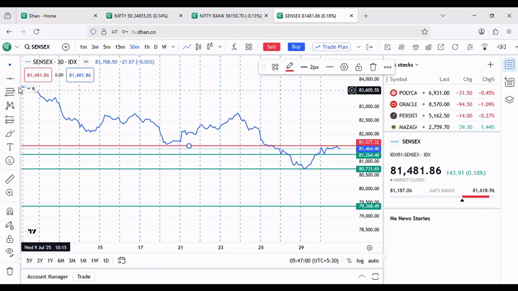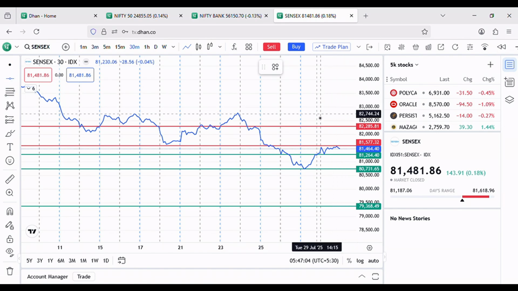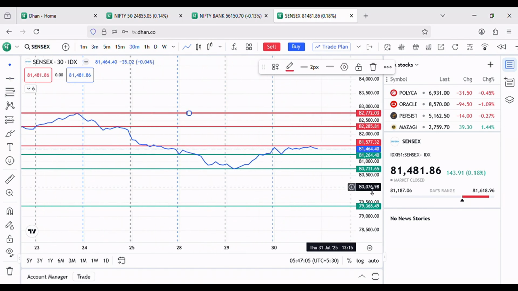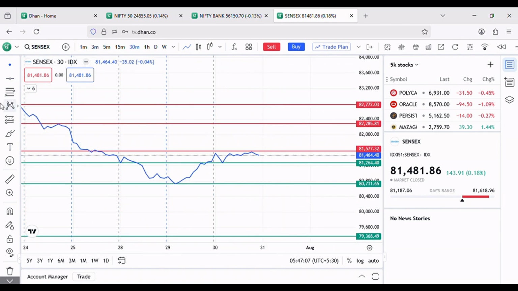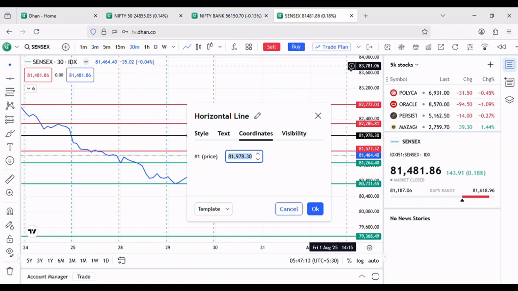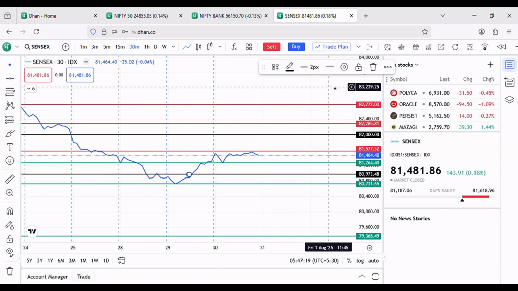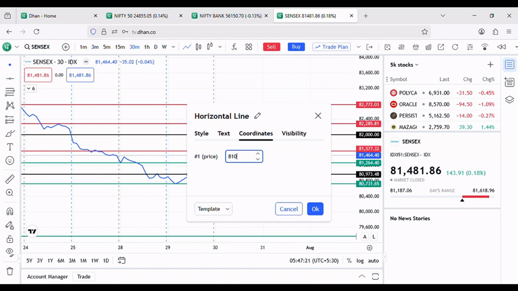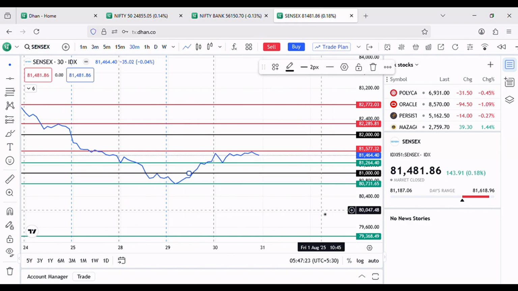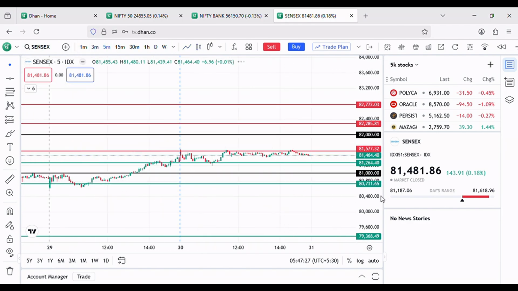For resistance we can give red color. Here the round number is whichever is coming in the thousands. It is 82,000. 81,000 at the bottom. Change into 5 minutes and candlestick.